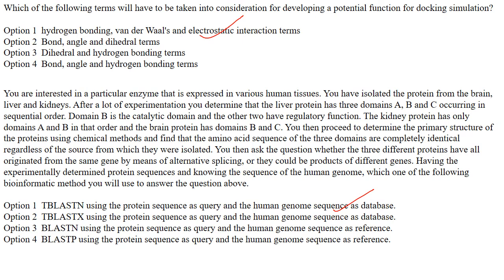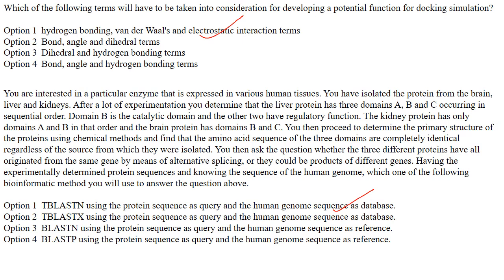So there are three domains for a protein, that is A, B and C. Domain B is the catalytic and the other two are regulatory, and the kidney protein has only A and B domains. Brain protein has B and C. Then you determine the primary structure and find the amino acid sequence, and you find that the three domains are completely identical regardless of where they were isolated from.